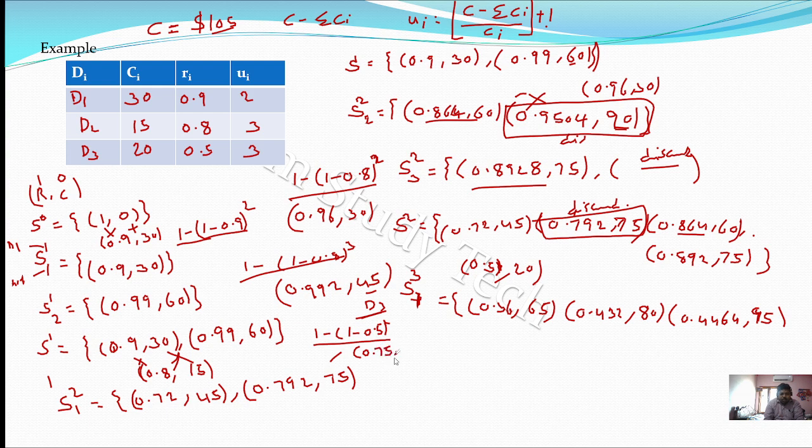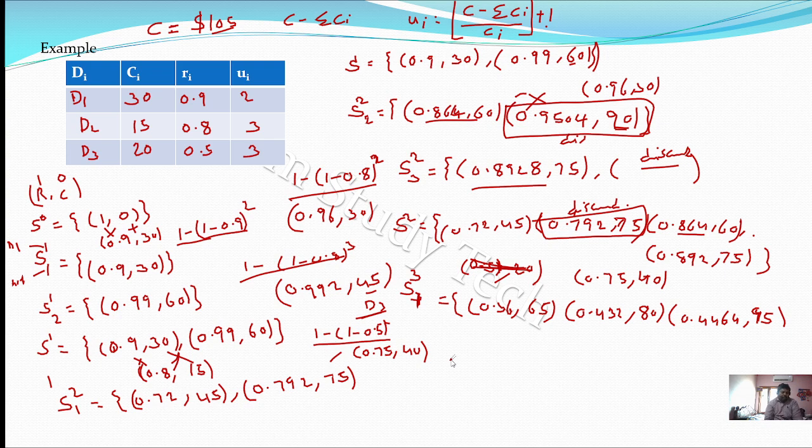So two copies I am considering, that is one copy is 20, two copies is 40. So you can multiply now 0.75, comma 40, that is 0.72 into 0.75, we can add 45 plus 40.